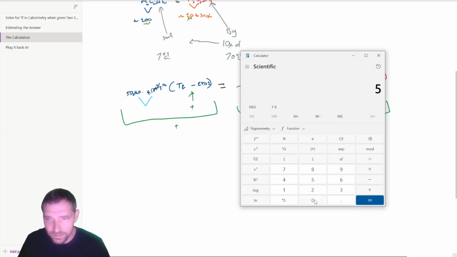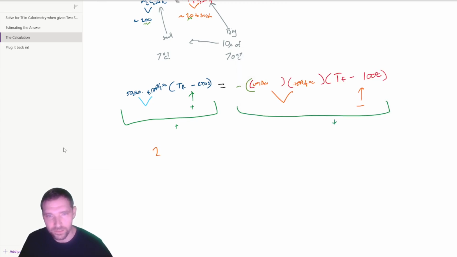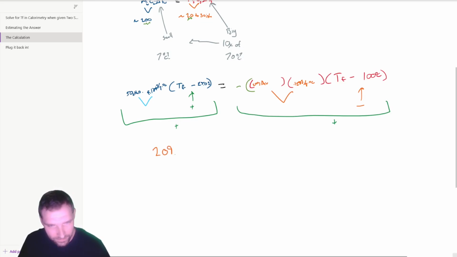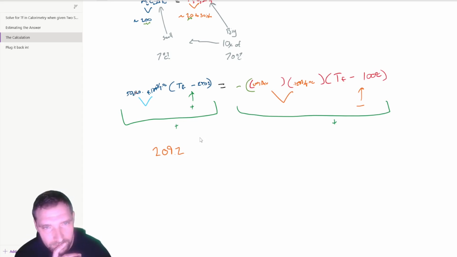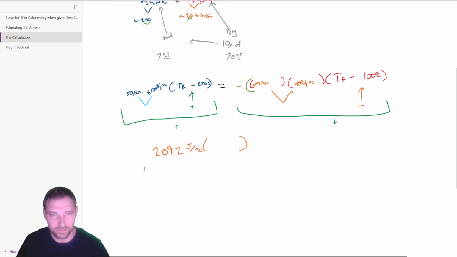So I've got 50 times that 4.184. It's going to be 209.2, and these grams have canceled out there. I've got joules per degree Celsius, and that's going to be multiplied by the T final. I'm just going to do our color coding here. So we've got that times that gives you here.